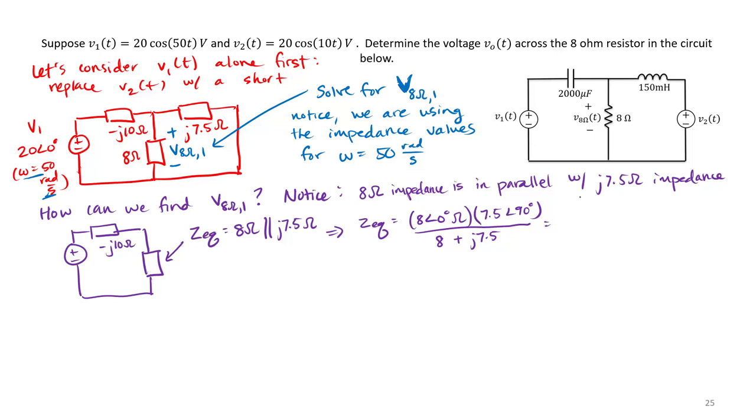We'll go ahead and use our online phasor calculator here. So we'll convert 8 plus J7.5. That becomes 10.96 angle 43.15 degrees.